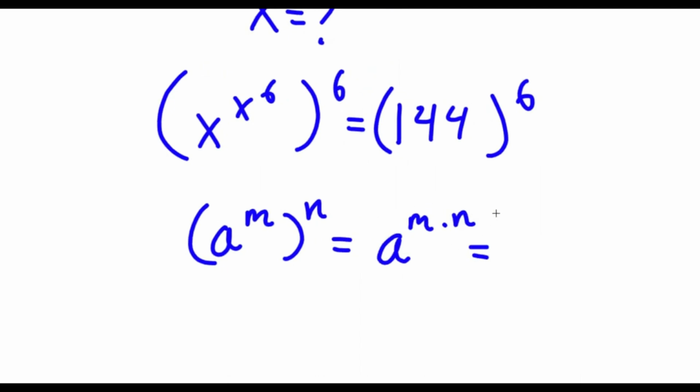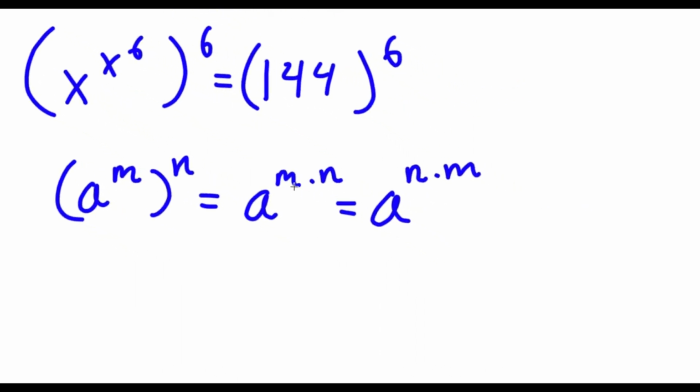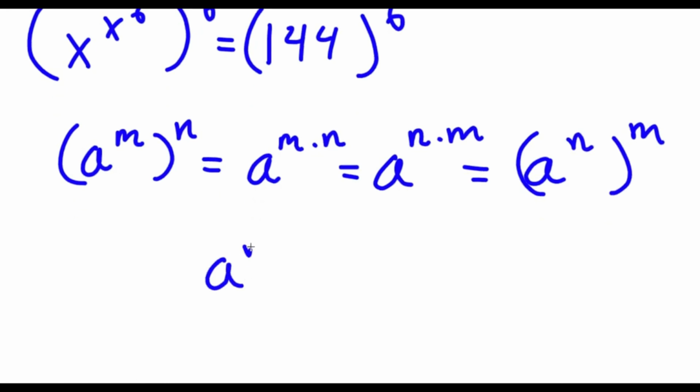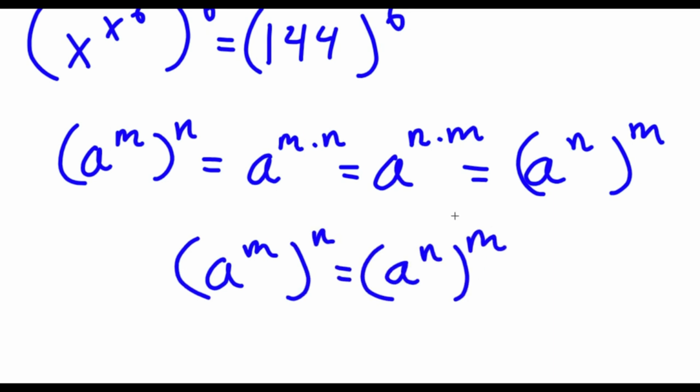And m and n are interchangeable, meaning this is the same thing as a to the power of n times m. So now, if a to the power of m times n is the same thing as a to the power of m to the power of n, then a to the power of n times m has to equal a to the power of n to the power of m. So in simpler terms, a to the power of m to the power of n is equal to a to the power of n to the power of m.